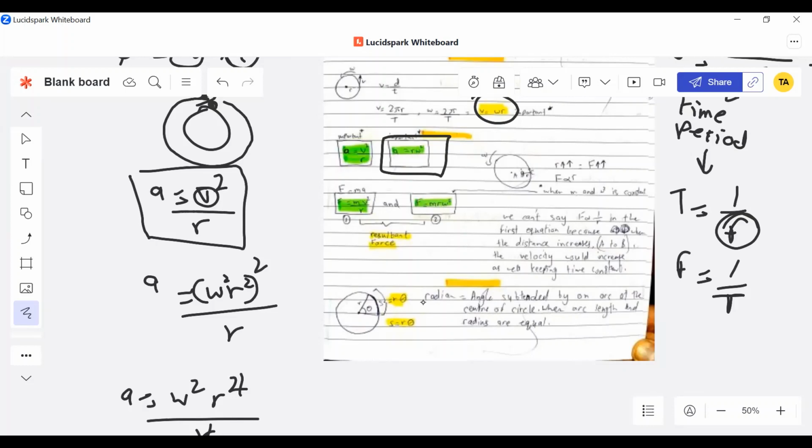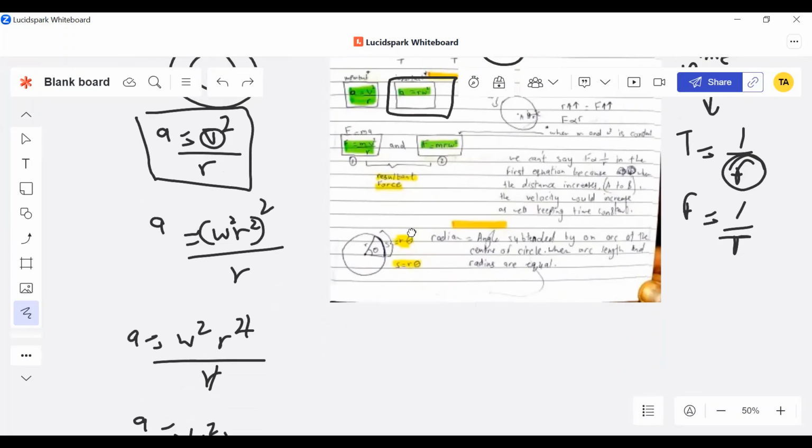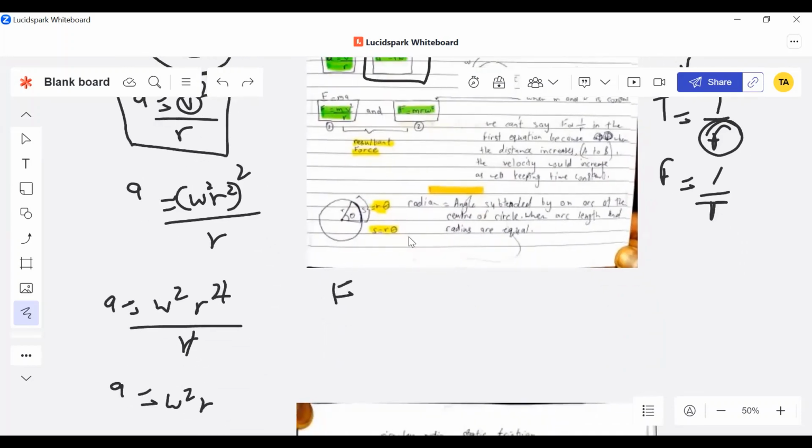So going ahead, force is mass times acceleration.